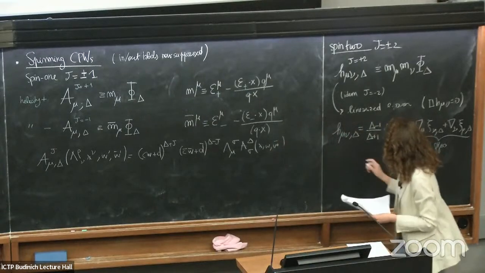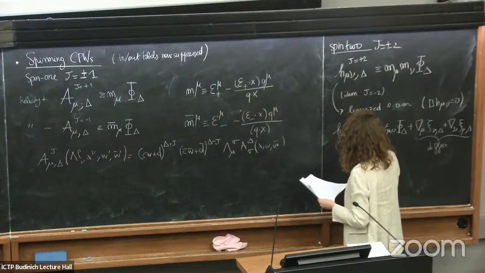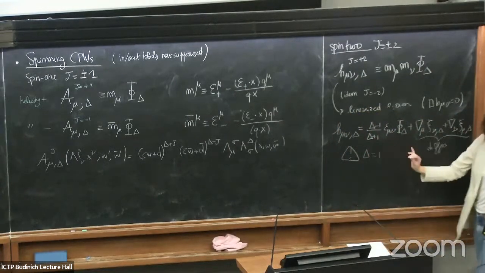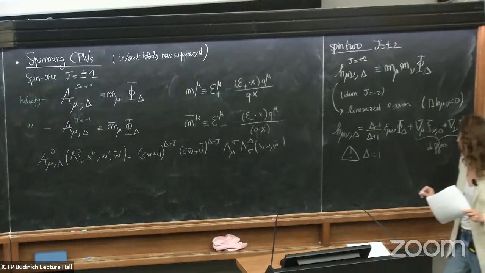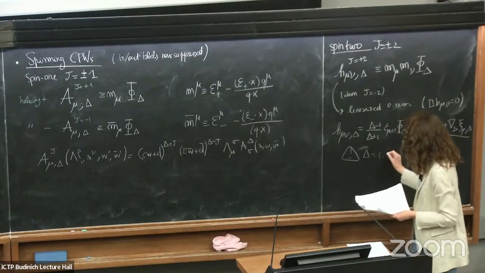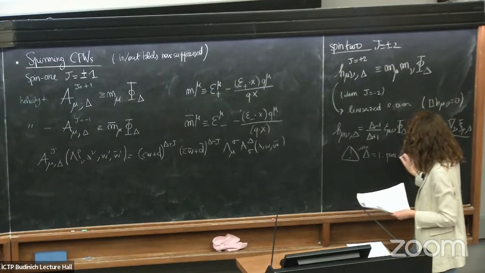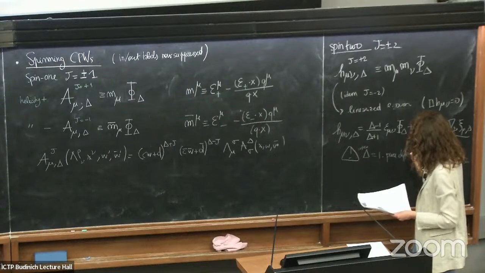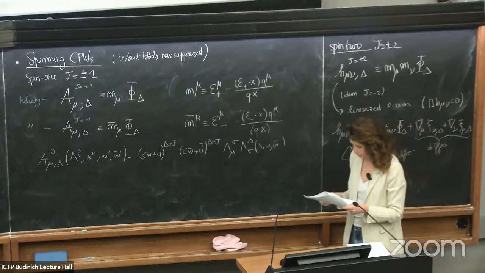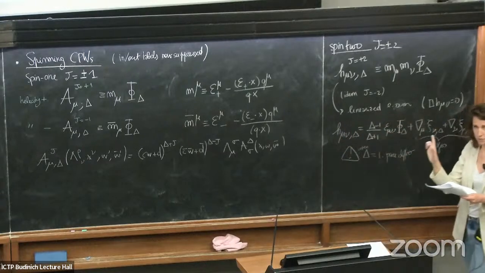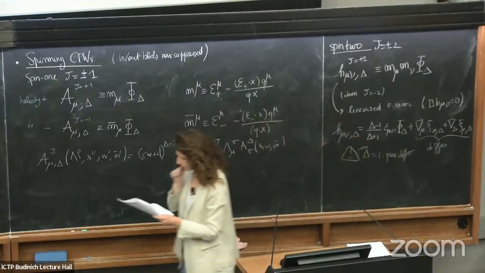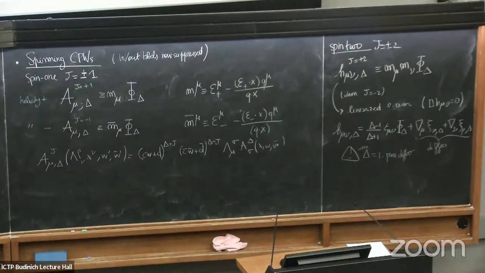I will go back to it. So here I just want to say, watch out when delta equals 1, and also when delta equals -1, but I don't want to discuss this. When delta equals 1, this is a pure diffeomorphism, sometimes called a Goldstone mode associated to the breaking of supertranslation symmetry. So far, it's not clear why this has to do with supertranslations, but I wanted to mention this already at this stage.